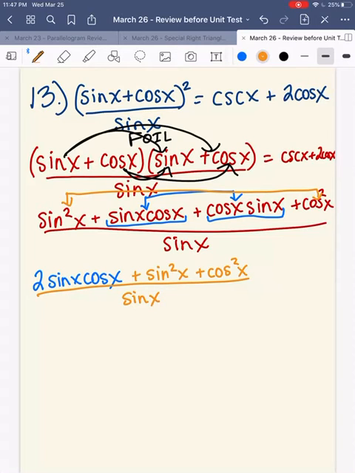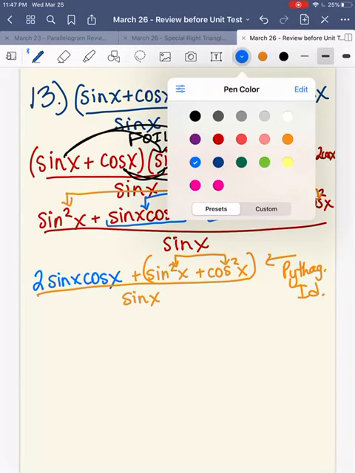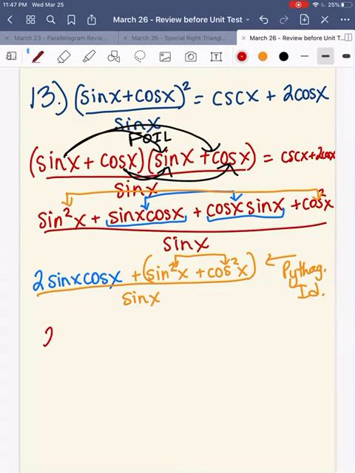Honestly, I should have pulled it up from the website, and I didn't because I don't remember exactly the order I wrote it. But these two in orange right here, that is an identity, okay? So that is the Pythagorean identity. And what do we know about sine squared plus cosine squared? It equals 1, all right? So now we can keep going.